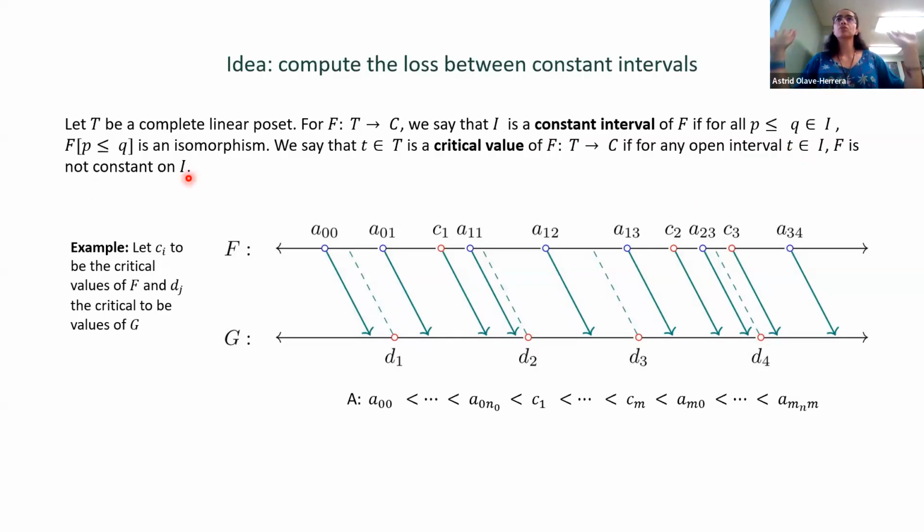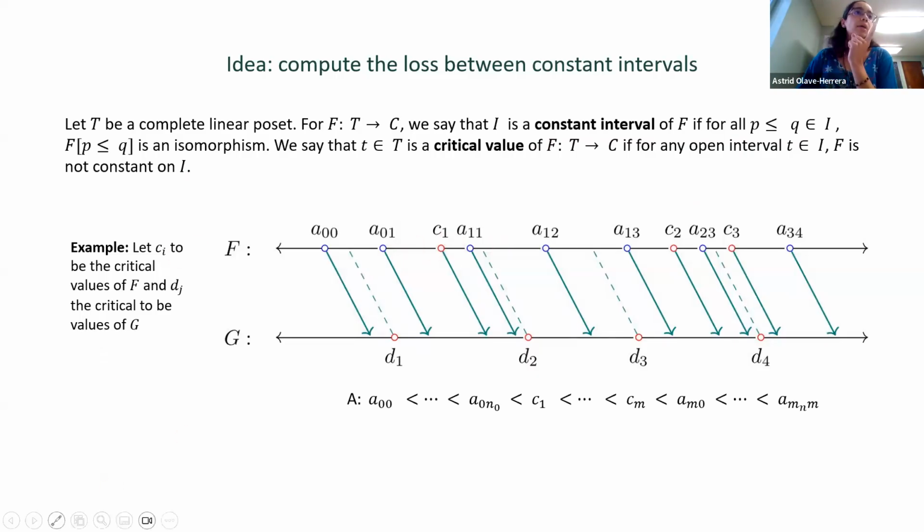So probably you saw this already. When you have this nice decomposition into intervals, the endpoints of the intervals are critical points. If I step over C1, the morphisms that go from before C1 to after C1 are not isomorphisms. And the intervals that are constant are exactly the intervals before.